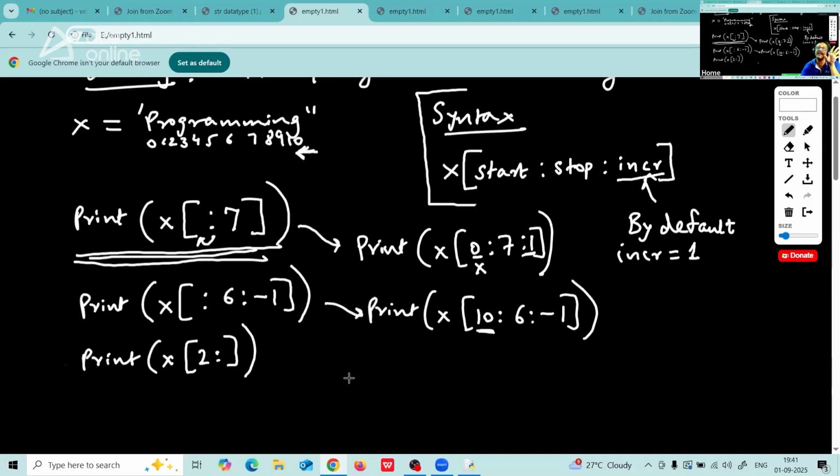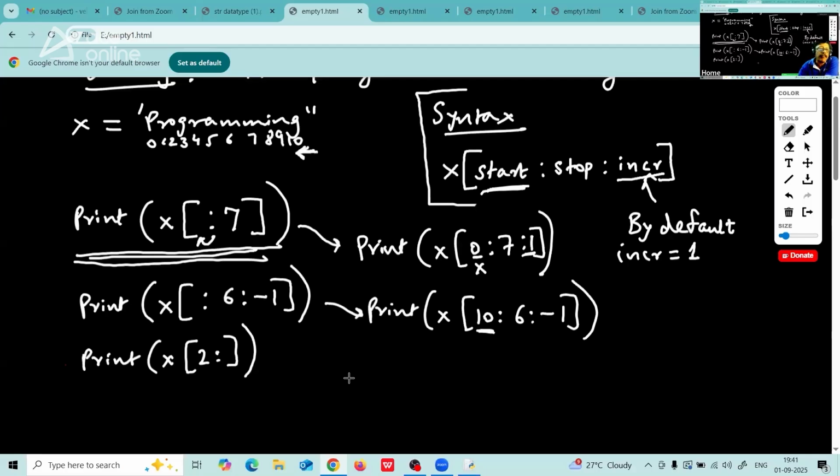So 2 must be start, because the first thing written in the square bracket is always start. So 2 is the start. Then after that colon is there, then nothing is written. That means stop is not given. By the way, you have not given stop and you have not given increment also. Then what is the increment? +1. Correct? Increment is +1. Start is 2.